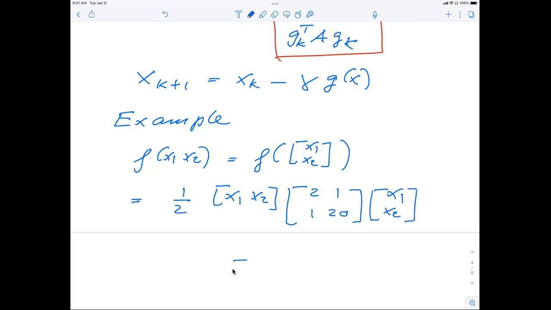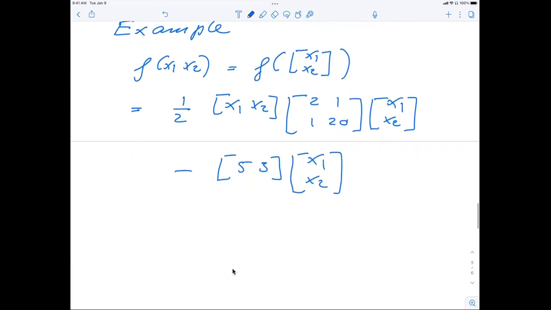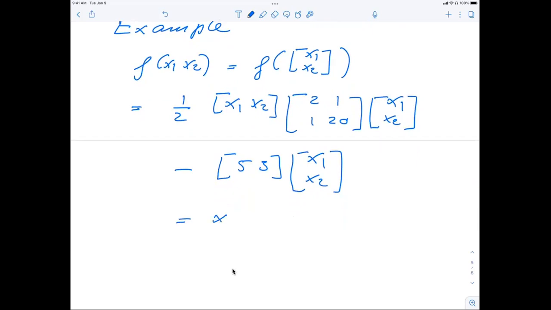And then I have minus, sorry, this should be a minus, and then a vector which is given by 5 and 3 multiplied with x1 and x2. If I multiply this out, this is the same as x1 squared plus x1 times x2 plus 10 times x2 squared minus 5x1 minus 3x2.